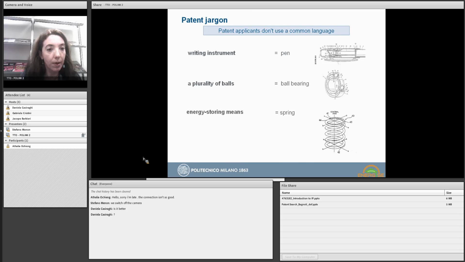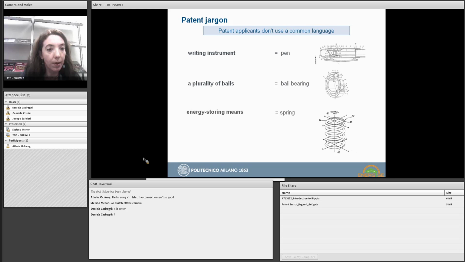To describe a simple pen, sometimes you use the words writing instrument, an instrument that you use to write. So if you type pen in the database, you cannot find the patent, even if it's talking about a pen.